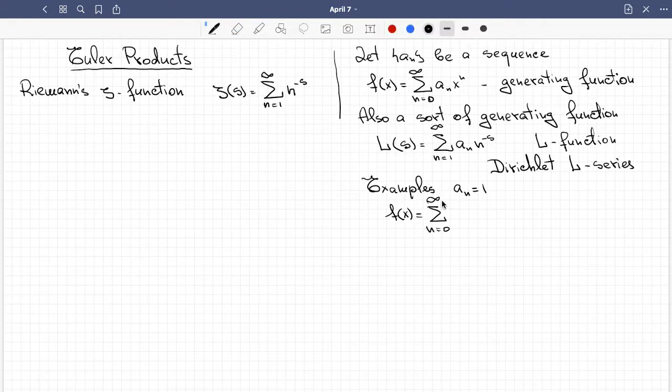So f is the sum from 0 to infinity, a_n is 1, so we have just x to the power n. And this is, of course, the sum of the geometric series 1 plus x plus x squared and so further, and we have that it is equal to 1 over 1 minus x, geometric series.